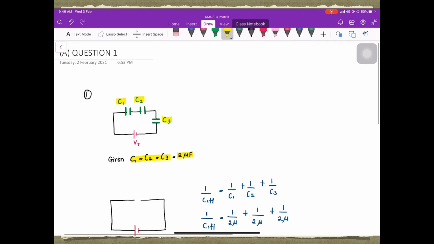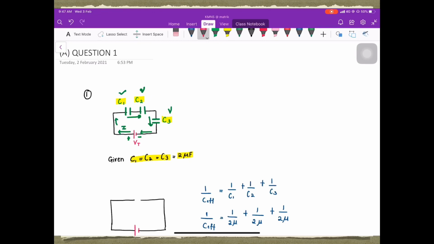Now, how can we identify whether this combination is series or parallel? Again, this is the positive and negative terminal. The current will flow from positive to negative, meaning the same current passes through C1, C2 and C3.